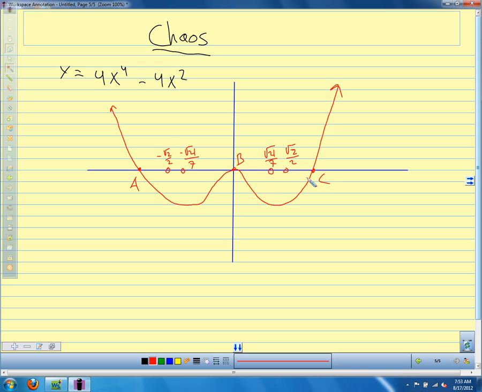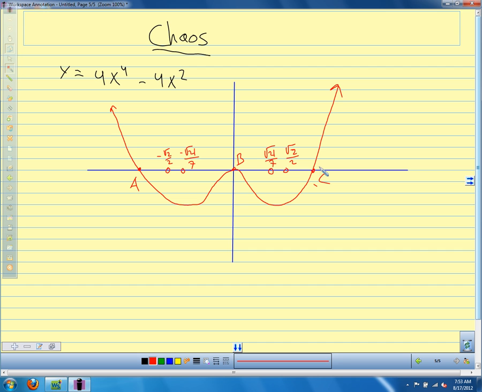If we're greater than square root of 2 over 2, we get to root C, and if we're less than negative square root of 2 over 2, we get to root A. But in here, if we make a tiny shift in our initial estimate, we end up at different roots. And at the boundaries of the intervals, Newton's method does not converge. So that's a really interesting result.